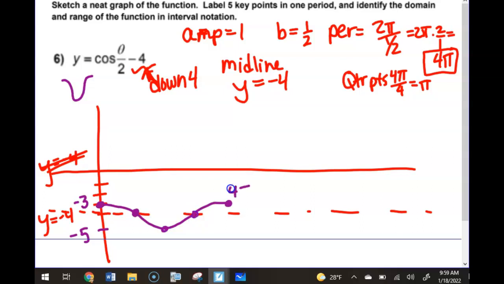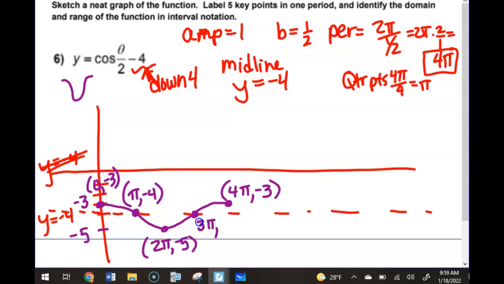So this one is at 4 pi, -3. Halfway there was at 2 pi, and it was down at -5. This was 1 pi, and it was at the midline. This one was 0, -3. And this one is 3 pi at the midline of -4.